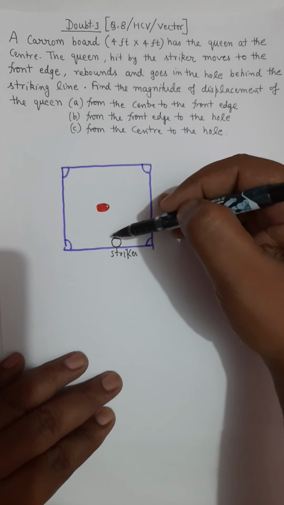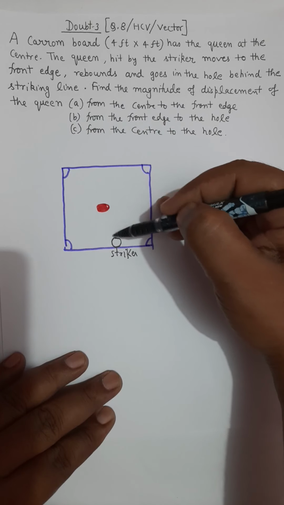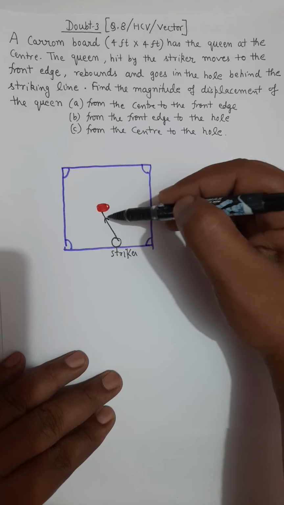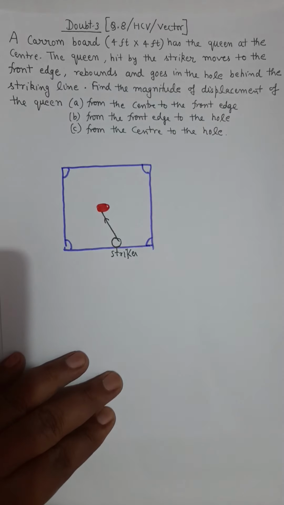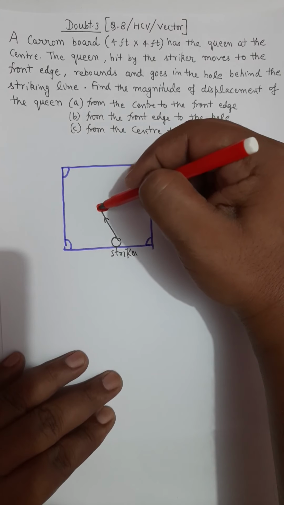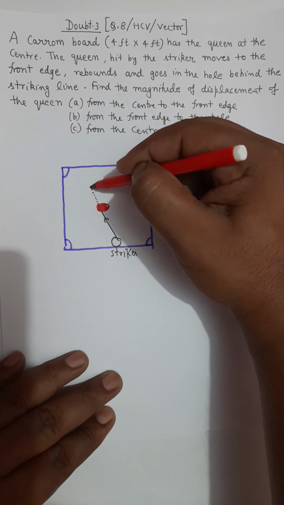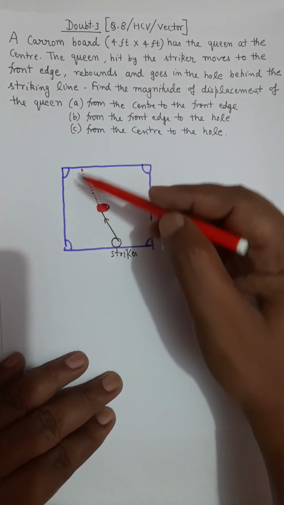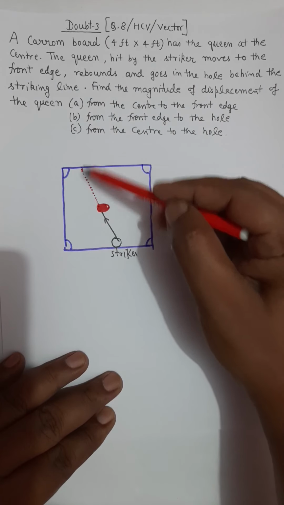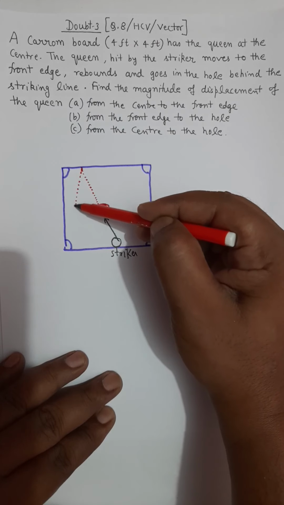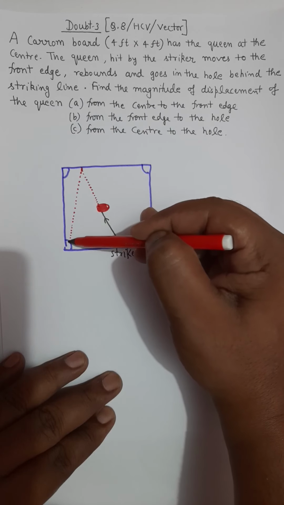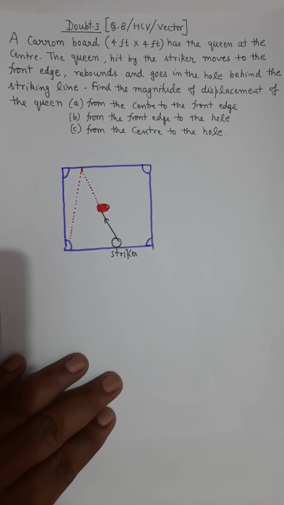As per the question, you hit this queen which is placed at the center. And when we hit this queen, it will move to the front side, it will collide here and rebound, and after the rebound this queen goes into the hole at this point. This is given in this question.